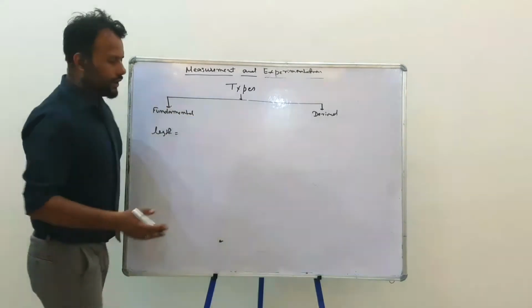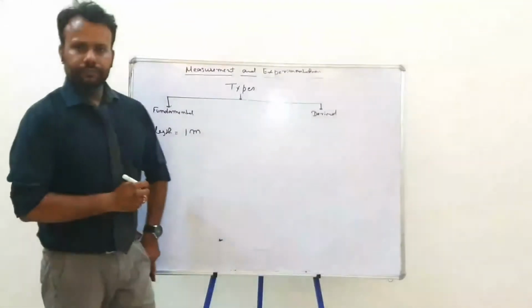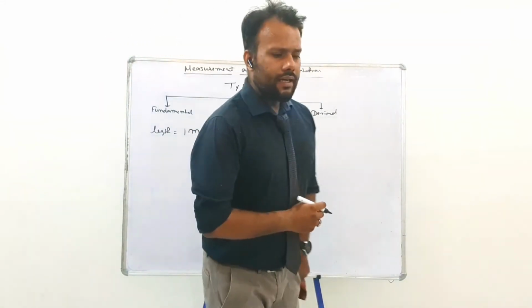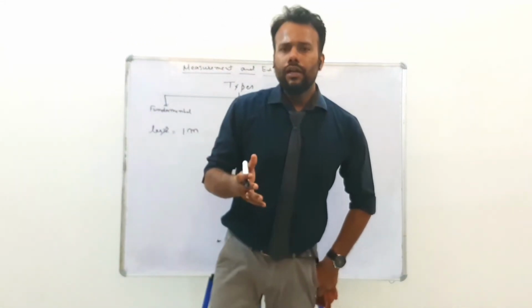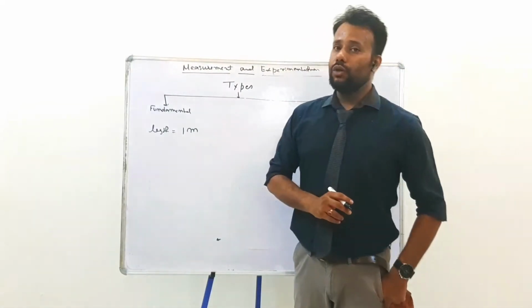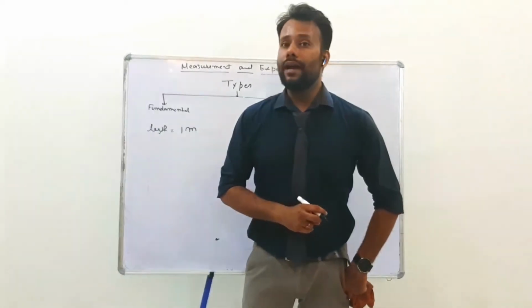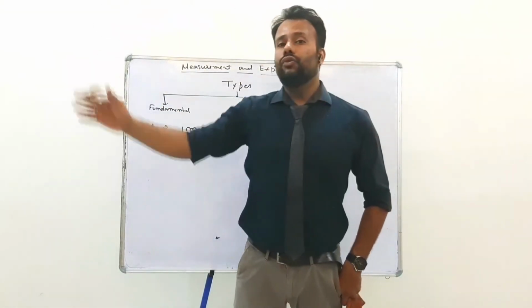For example, if I say the length of any quantity is, suppose, 1 meter, is there any other unit you need to define this meter? No. This meter is standard and it is independent. It does not depend on any other unit.